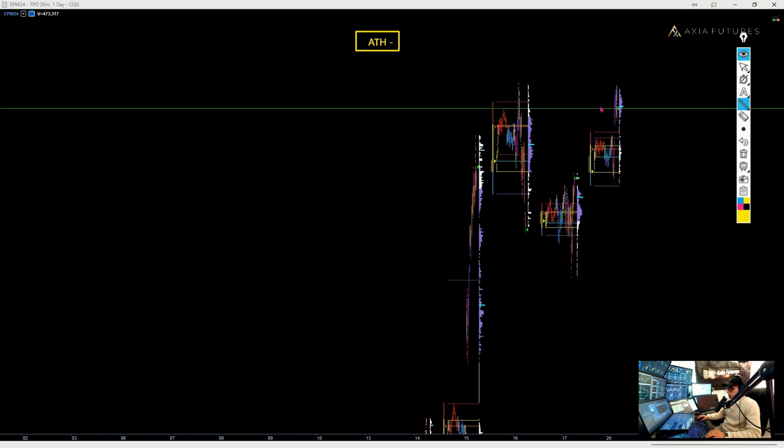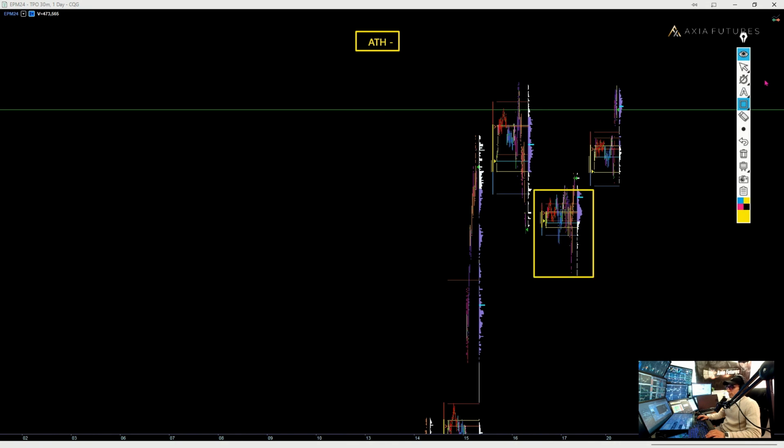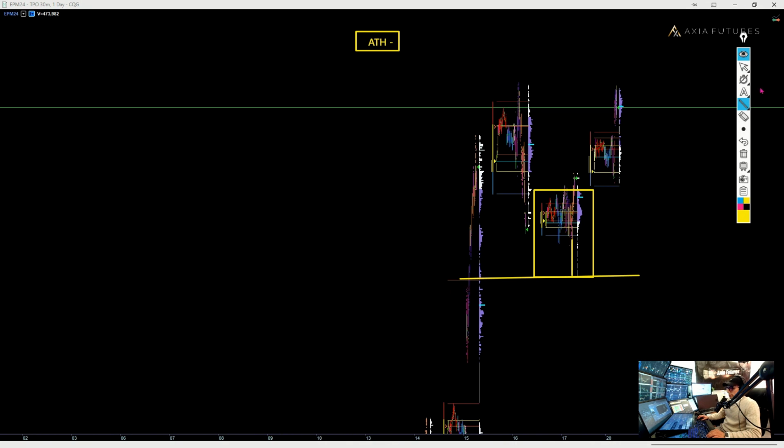And in this particular optic, what I can tell you is that when we did this single print down into this area here, and the market essentially has held that level, that is what you call momentum buying. It's like we take the momentum from here and add that momentum to here.